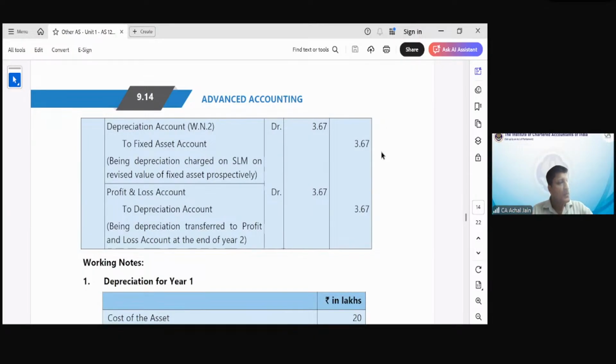Everyone clear on this? Everyone clear? Yeah. All right. So let's pick up the next question.